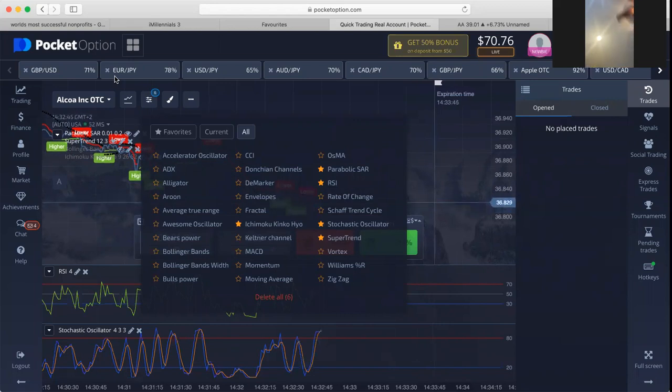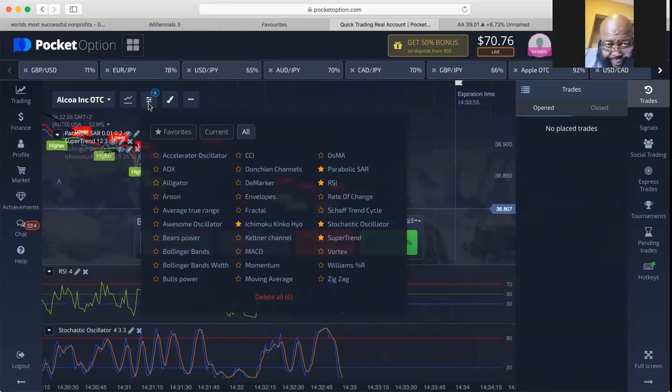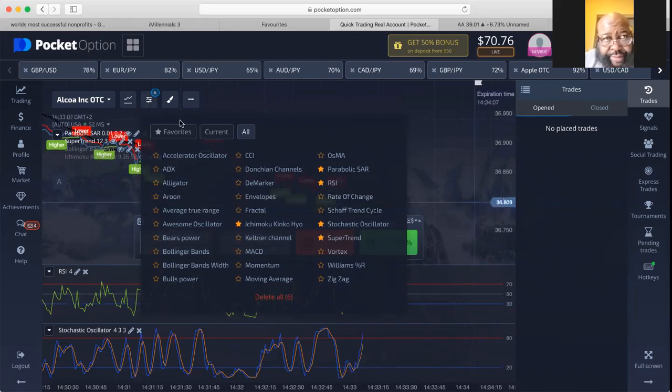Okay. You said go to my indicators. Yeah, go to your indicators, which is the control icon right here. You see where my mouse is at? Yeah, these are where your indicators are located. Click that on. And now the next thing I want you to start is the super trend.